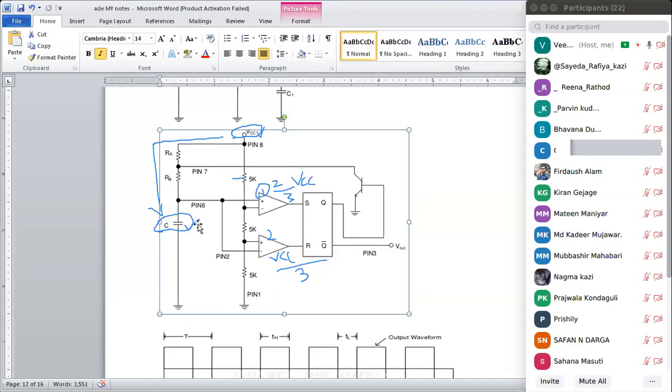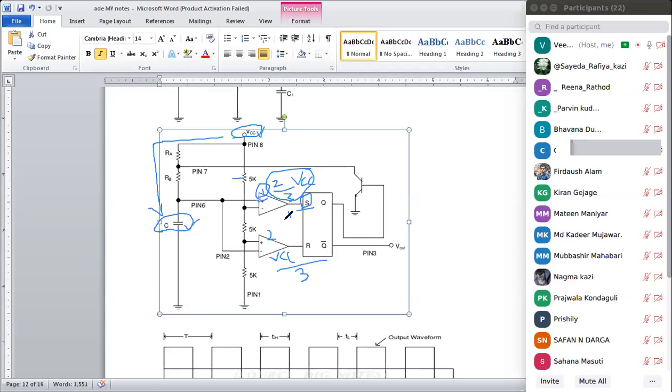So until the capacitor value reaches this 2 by 3 value, comparator 1 is not going to give any value to the S, that is the set of the flip flop. Once the capacitor reaches the voltage of 2 by 3 VCC, this comparator is going to give the input to the S. So now S will become 1.